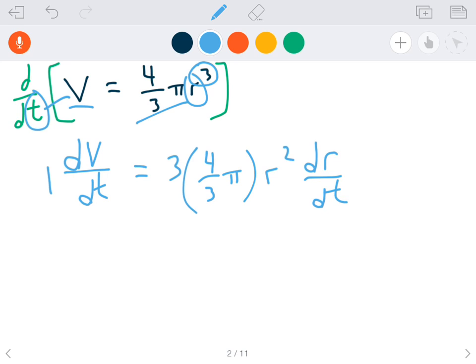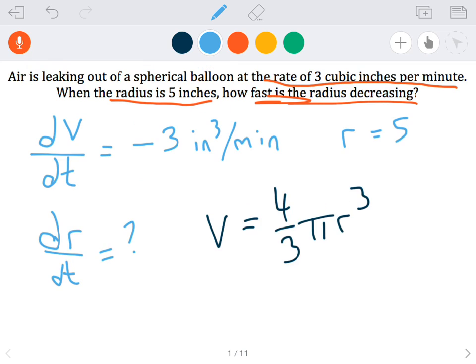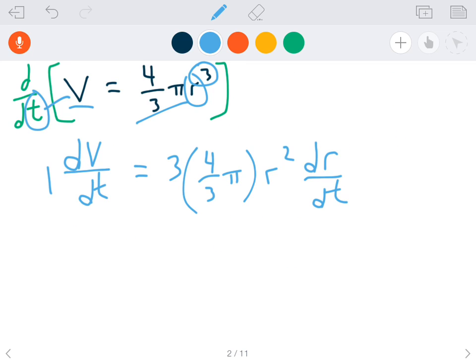Never start plugging in numbers before you differentiate. I have to differentiate first, and then I can start plugging in all this information that I know over here. Let's clean this up a little bit first before we do that. So I have dV dt equals 4 pi r squared times dr dt.